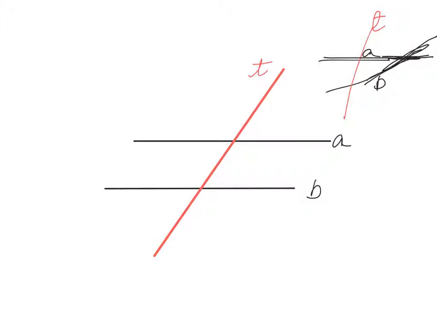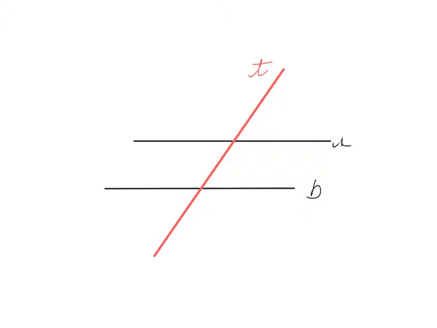And B is intersecting with A and T as well, so B can be a transversal as well. All the definition of transversal says is that it's a line that cuts through, or intersects with, two other lines on the same plane. Most often, you will see this scenario with A and B looking somewhat parallel. That makes life a lot easier for us in geometry.